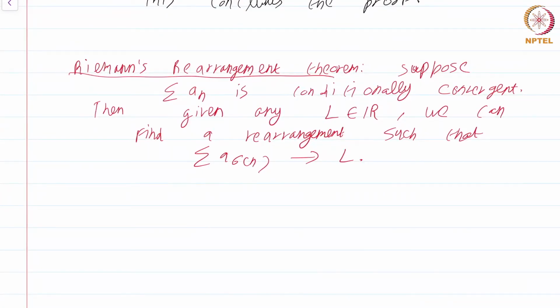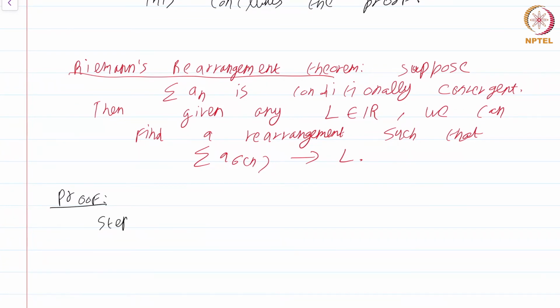No matter what real number you choose, I can rearrange this conditionally convergent series and make it converge to L. Now this result is a bit technical, and this is going to be one of the first really long exercises in this course. I'm going to leave you with a number of steps on how to prove this, and you're going to fill up the details. Okay, so let's see how this goes.